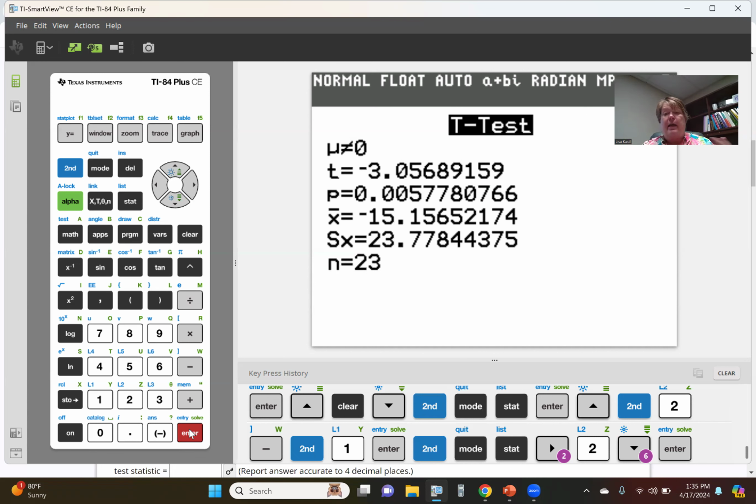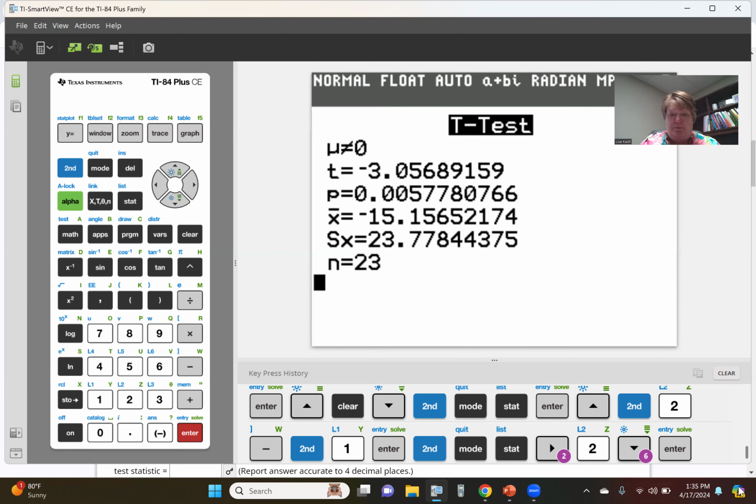So it does calculate that for me when I run the test. What am I interested in? I'm interested in that t-value because I have to put that into my OpenMath, and I'm interested in the p-value because the p-value is going to tell me whether I reject or fail to reject the null hypothesis.